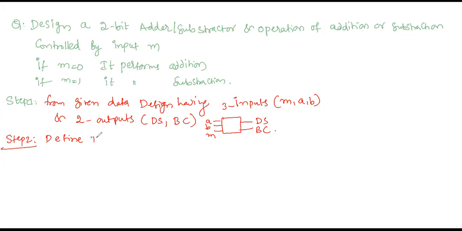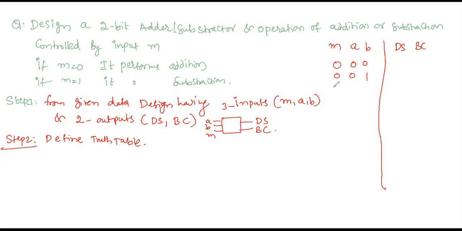Define truth table. Okay, defining the truth table, we are having inputs M, A, B, outputs DS, BC. Now, with three inputs, you will get 8 combinations: 0 0 0, 0 0 1, 0 1 0, 0 1 1, and so on.